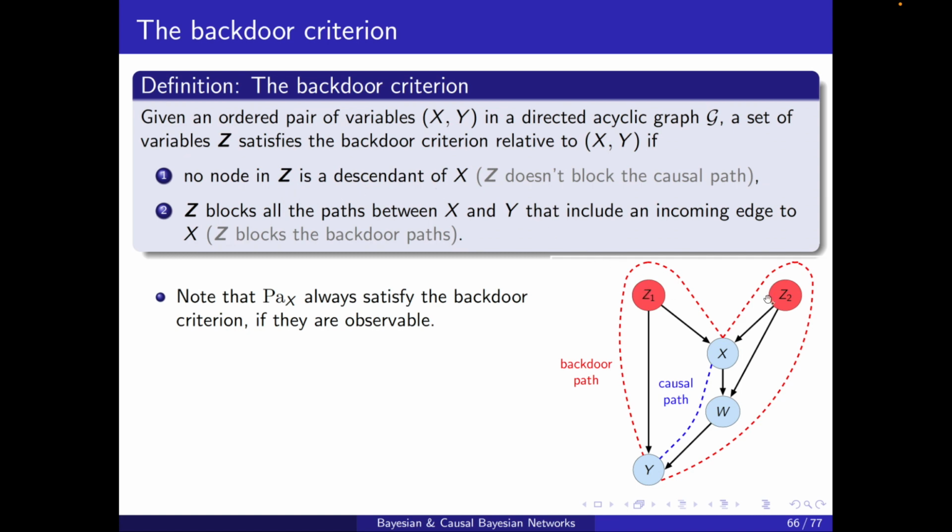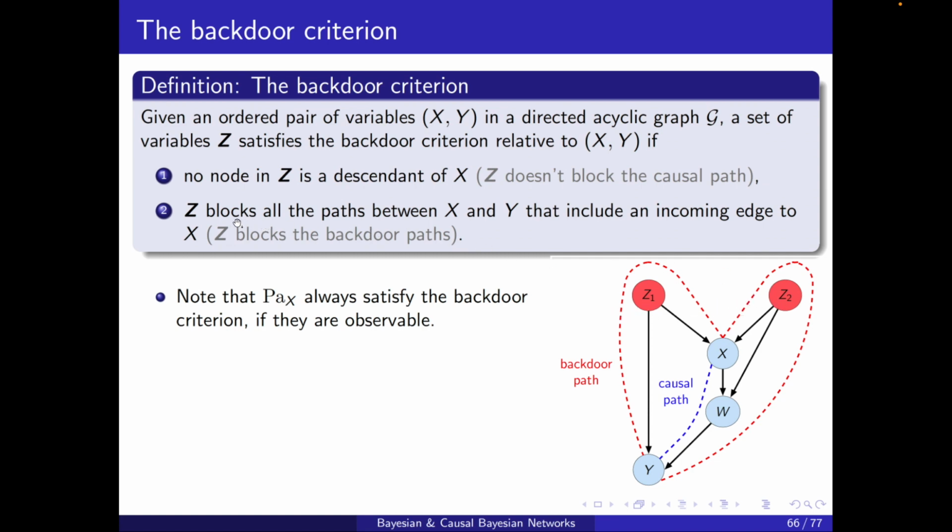You see here, both of them are parents of X. This simply means that Z doesn't block the causal path. So here you see the X to Y. There is a causal path in blue here, and Z are not blocking it.